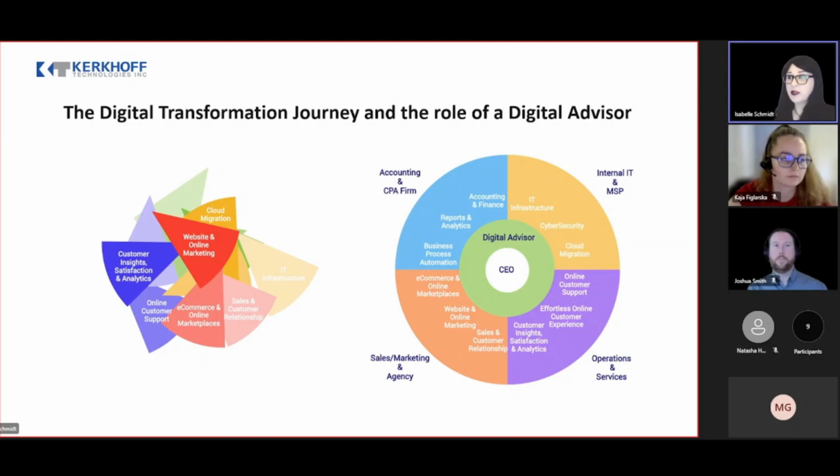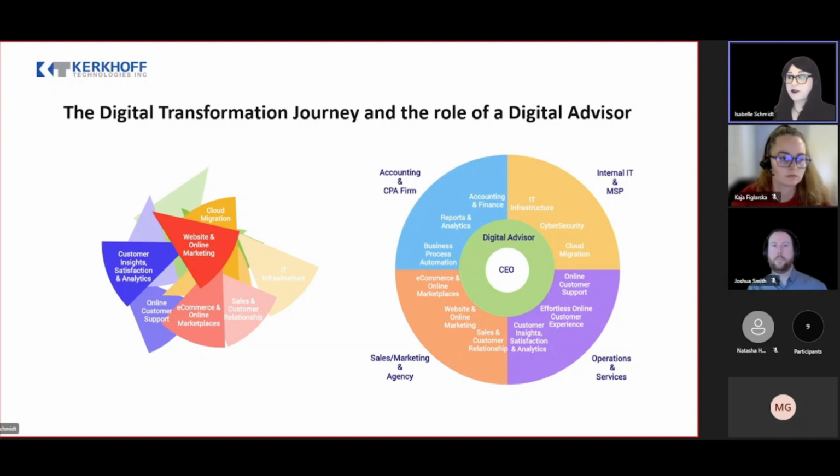Quite often in an organization, they start out somewhere on the left, where they might have online marketing, they might have a website, maybe their sales department runs a CRM, their finance department might run QuickBooks Online, maybe operations has got some kind of ERP system, but the systems aren't necessarily integrated. There's no overall cohesive strategy for digital technologies and their implementation across the entire organization.